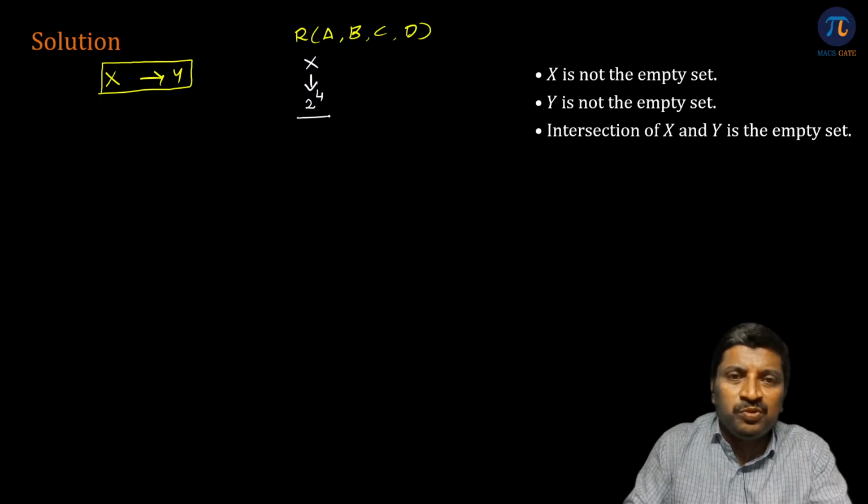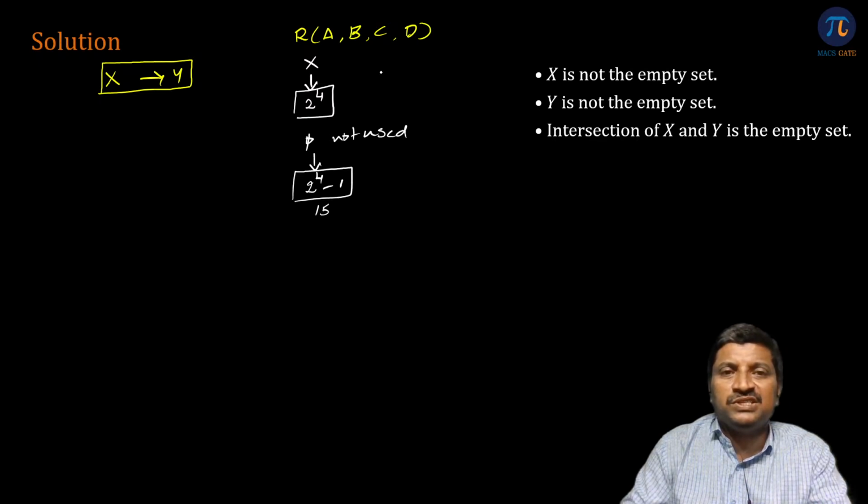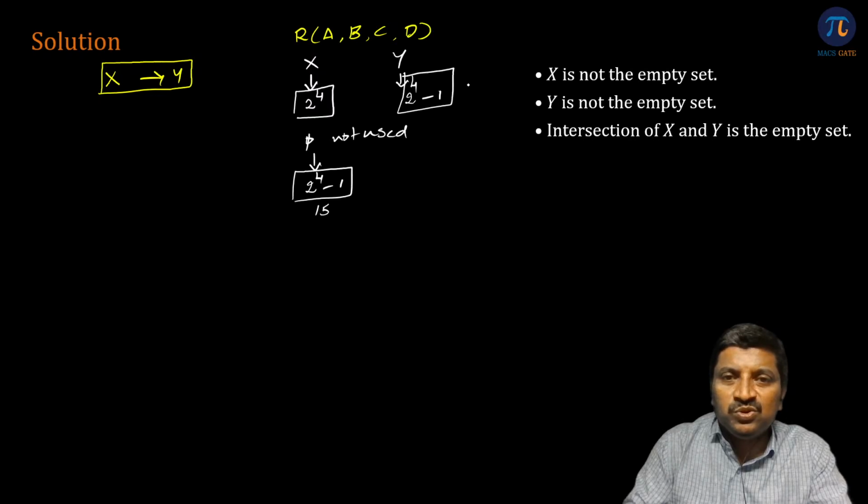But out of 2 power 4, empty should not be used. So what are the remaining possibilities? 2 power 4 minus 1, that means only 15 possibilities. Similarly, for Y, the same concept. Out of 2 power 4, I should not use the empty set. That means I can use only 15 possibilities.